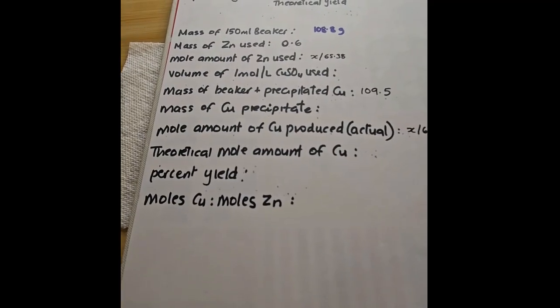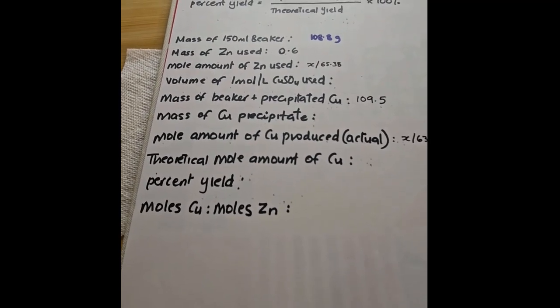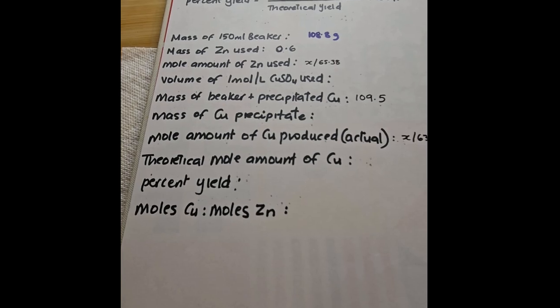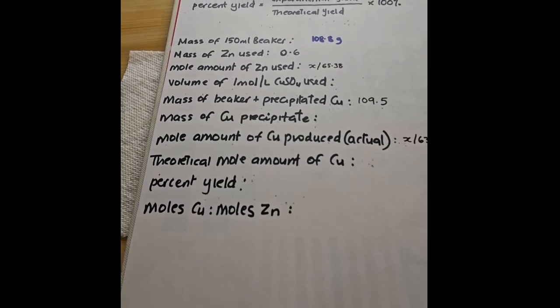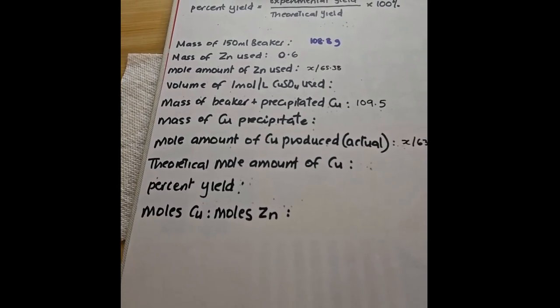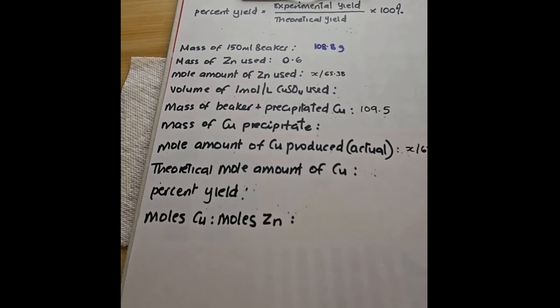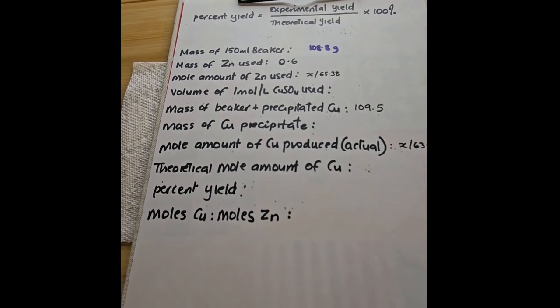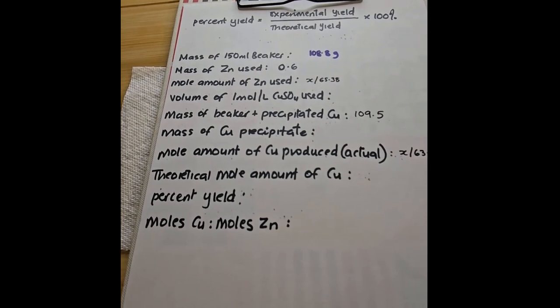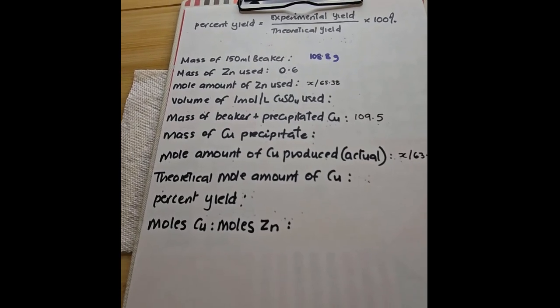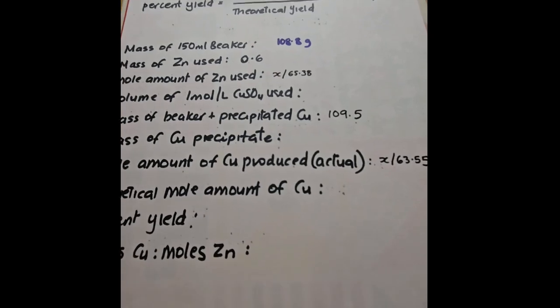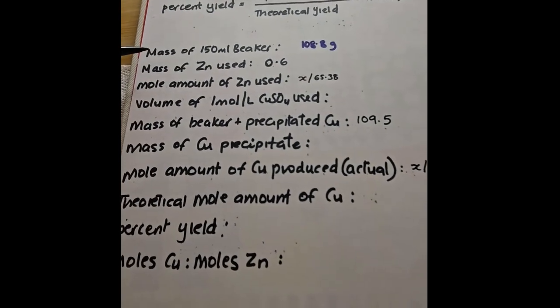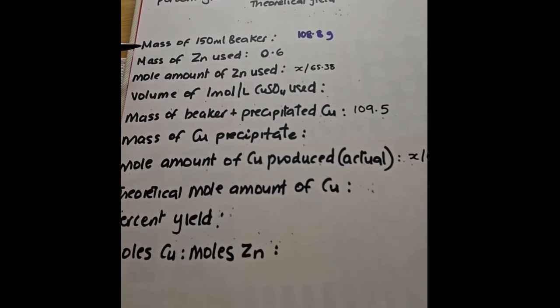So now we want to do some calculations to calculate the percent yield of copper and to see whether the moles of copper to moles of zinc is on a 1-to-1 ratio, which the reaction formula suggests. So I have the mass of the beaker, which was 108.8 grams.